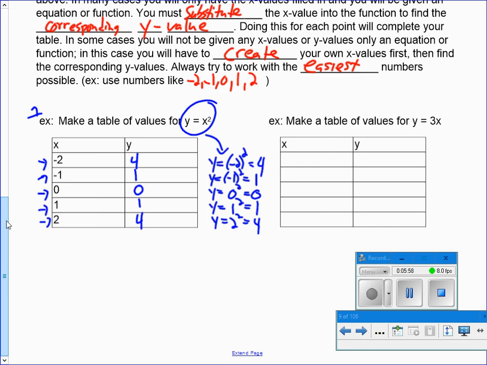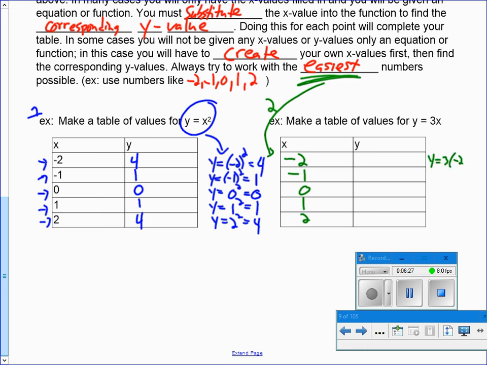For example 2 on the right, this one's a little trickier. We don't have any x or y values. So what we want to do is try and use easy numbers to fill this in. The easiest way to start, if you can, is to use these 5 numbers right here: -2, -1, 0, 1, 2. Once you have those, it's the same as filling in the table on the left. You take each of these x values and plug it into the equation.